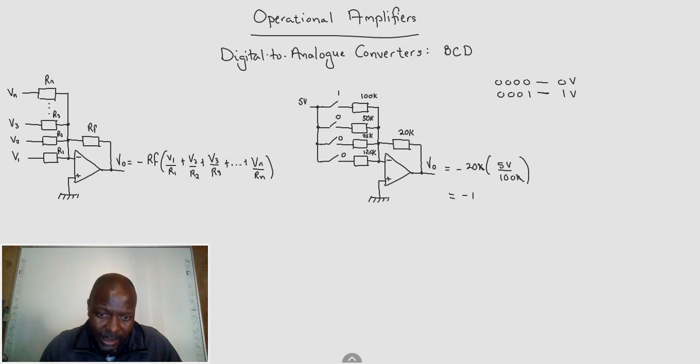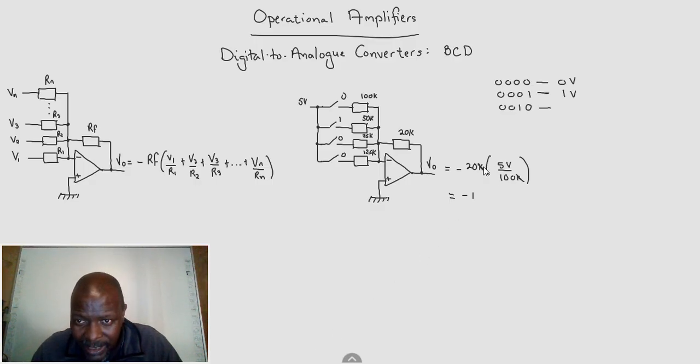Let's try 1 0 instead, which we know, 0 0 1 0, is the equivalent of 2. We have here the same thing, except that it is 20K.